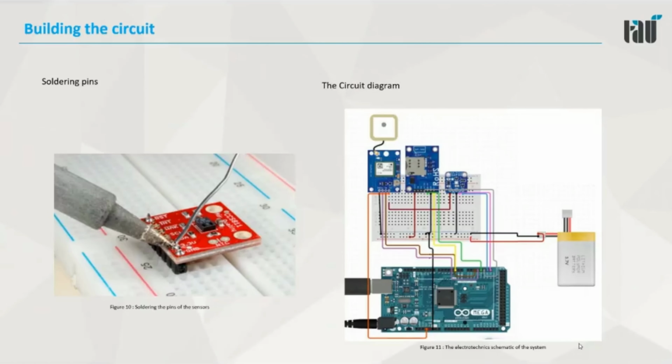After buying the sensors, the first thing to do is to solder the pins to be able to connect them to the Arduino. The GPS and the GSM communicate with the UART protocol, and the gas sensor communicates with the I2C protocol.